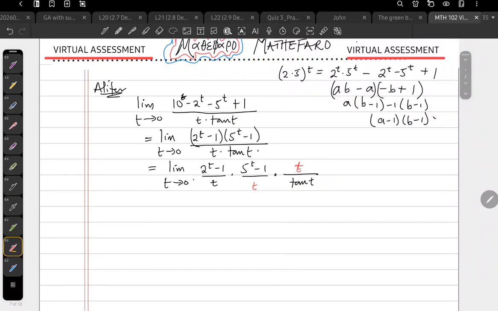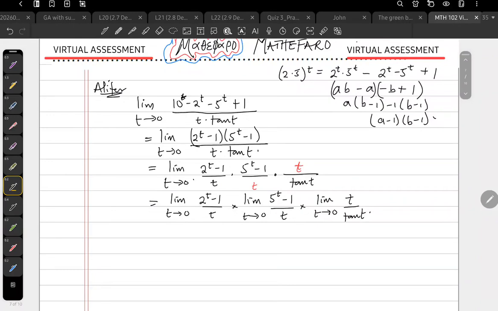Because why have I done that? Because I can split this thing into something that is really interesting. So this is the limit of 2 to the power of t minus 1 over t times the limit, using the limit laws, of 5 to the power of t minus 1 over t times the limit as t approaches 0 of t over tan t.